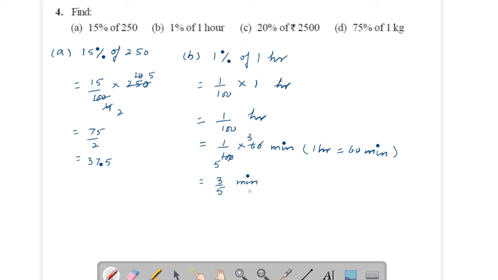If you want to convert it into seconds, then again multiply it by 60, because 1 minute equal to 60 seconds. Here 3 upon 5 into 60 seconds. 1 minute equal to 60 seconds.